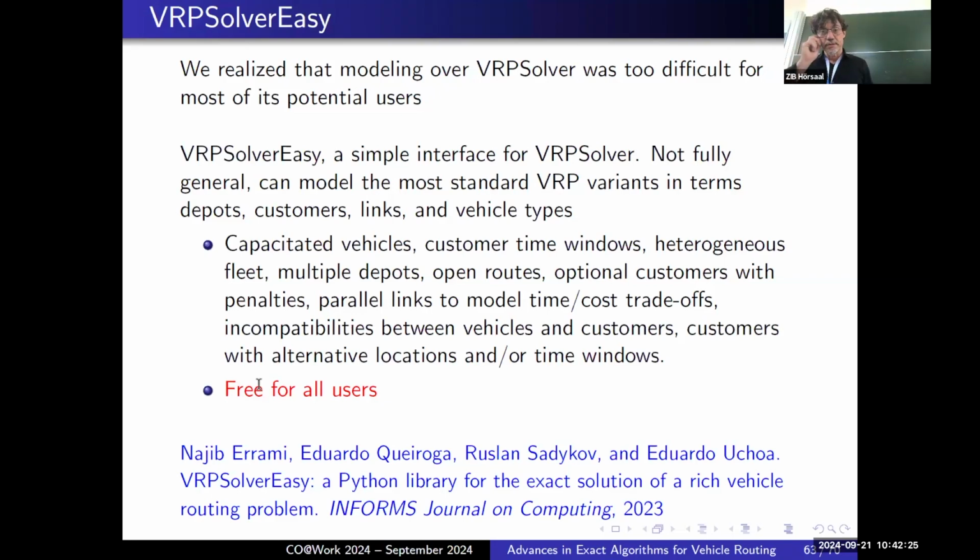So we have now VRPSolverEasy, that's a Python interface. It's not fully general, but the idea is that people can represent the routing problem. So they can define the vehicle capacity, define time windows, define the fleet, define the depots, if the routes are open or closed, if the customers are mandatory or you pay a penalty for not visiting.